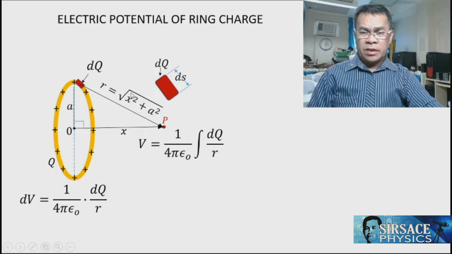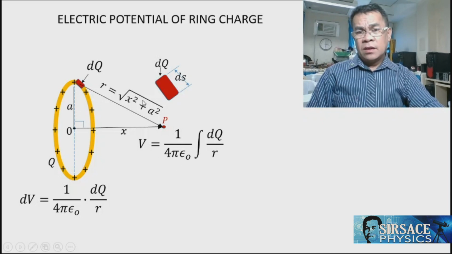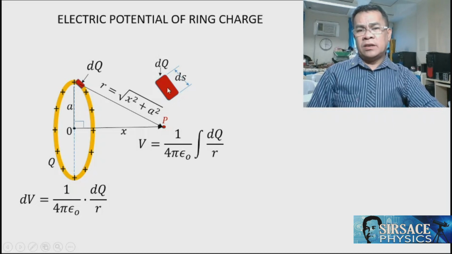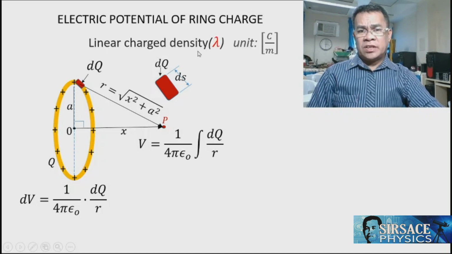take note, this is a segment. So if this is dq, then we have a very small length of the charge, call this ds. And take note, for every segment of this ring, we have the so-called linear charge density.